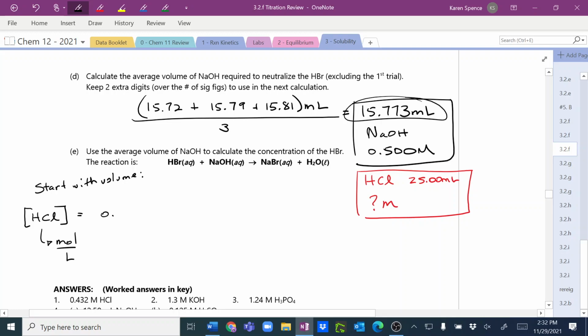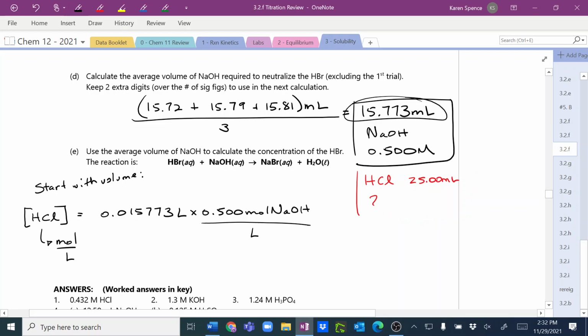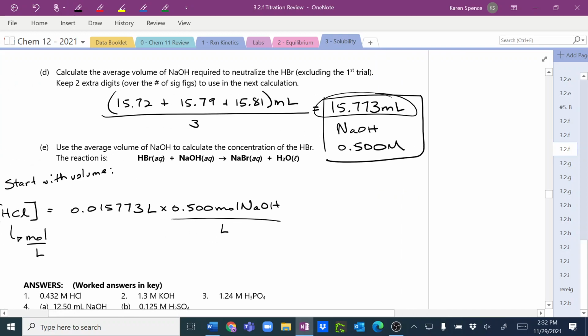And we have 0.015773 liters times 0.500 moles NaOH per liter. I've written this inconveniently. I'm going to put it up here somewhere.